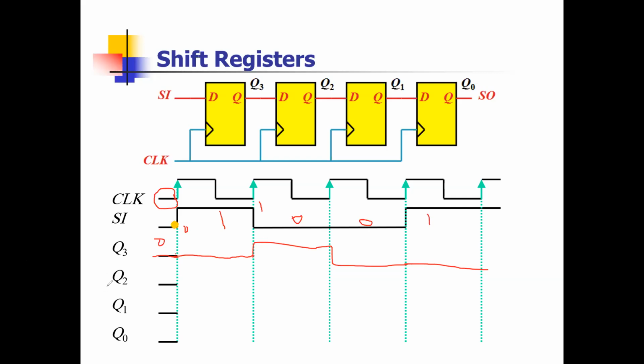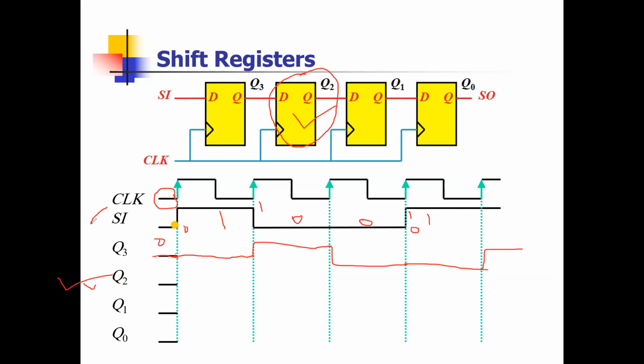Now, if I want to draw the Q2, could you tell me what is the input for the Q2 flip-flop? The last one, it will be 1. No, 0. Look, here is 0. But see the last line. Yes, here is 1. Okay, if I want to plot the Q2, can you tell me what is the input for the Q2 flip-flop?